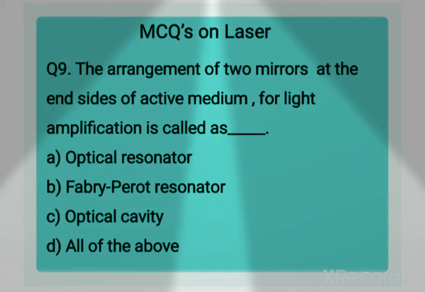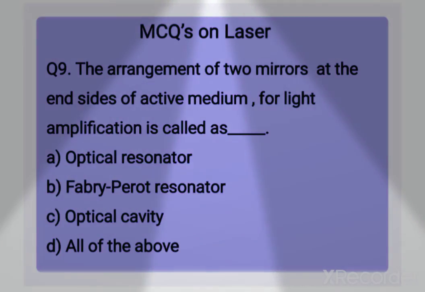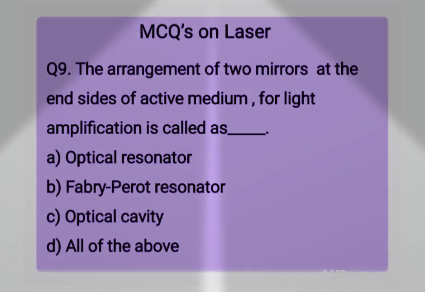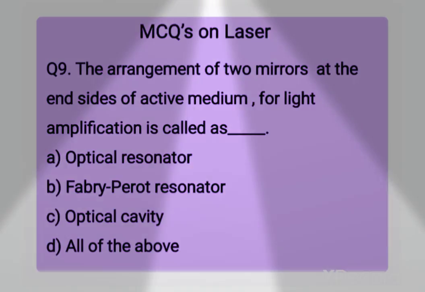Of these two mirrors, one is 100% reflecting and the other is semi-transparent. The arrangement of these two mirrors is called the optical resonator. It is also called a Fabry-Perot resonator, or an optical cavity. So we can call it by all three options, and the correct answer is all of the above.